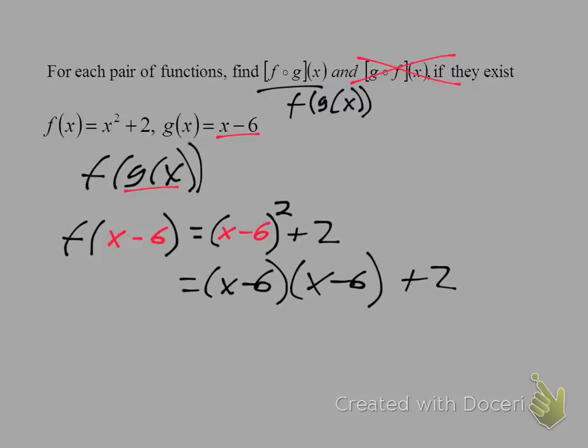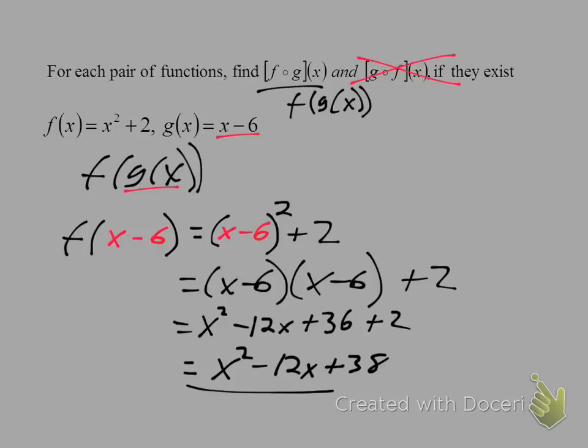You foil the x minus 6 since it's being squared. It's a binomial. Okay? So that foil becomes x squared, minus 6x twice in the middle, which becomes minus 12x, plus 36, plus 2. Last step. Like terms. x squared minus 12x plus 38.